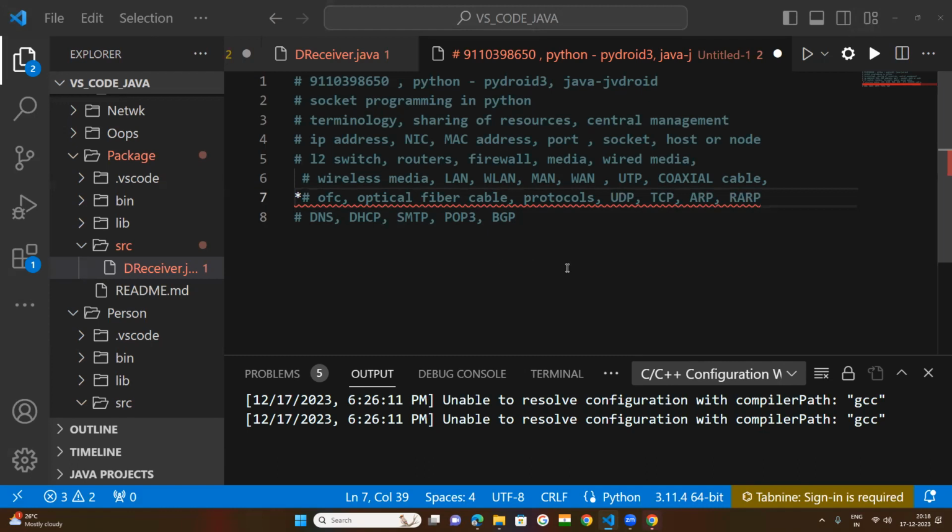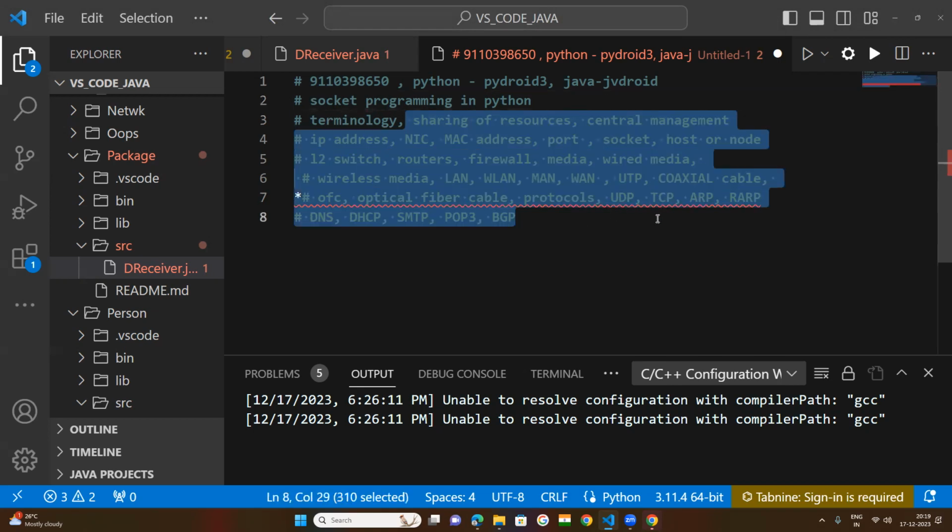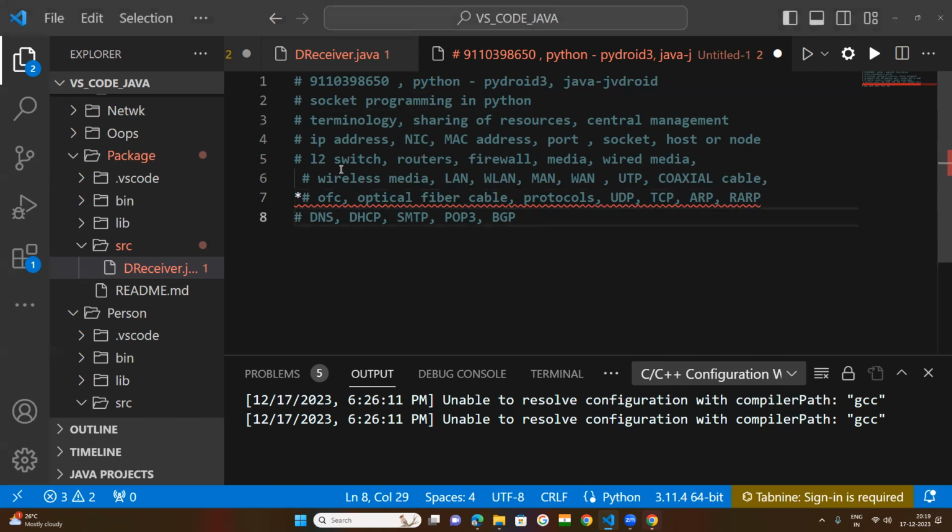But especially if we are discussing socket programming in Python, to allow two devices to communicate with each other, these terms we must understand. So simply I want to explain what they are.